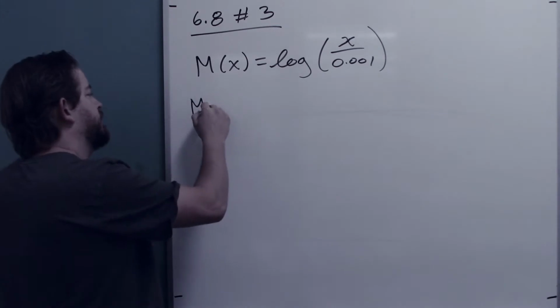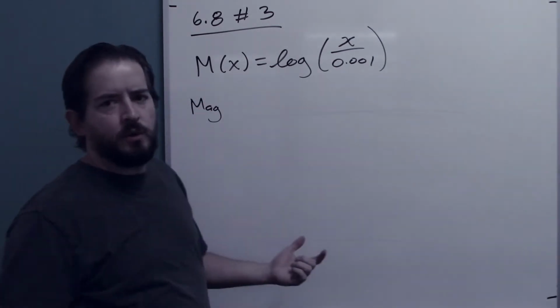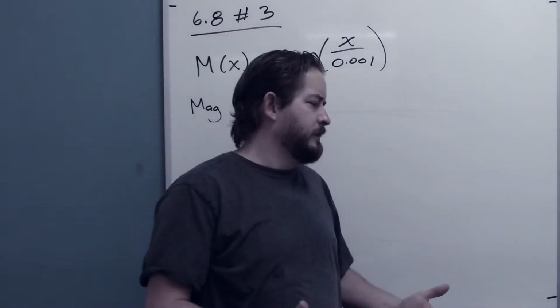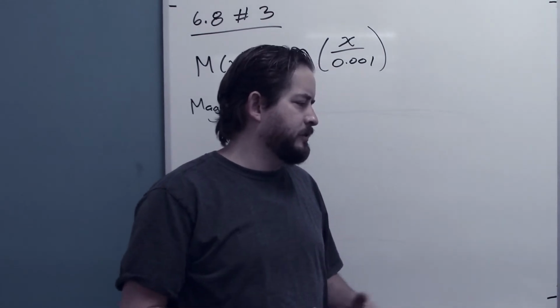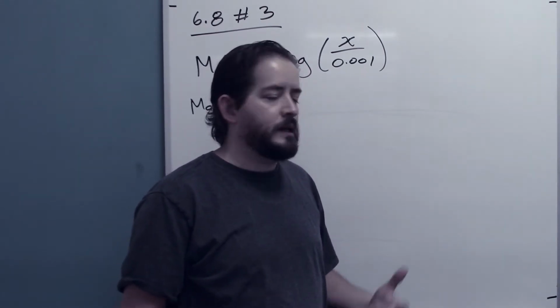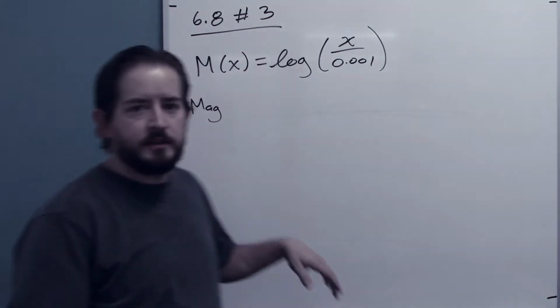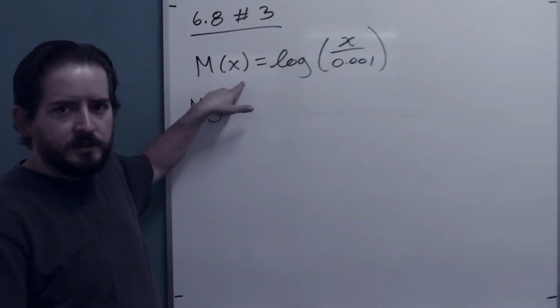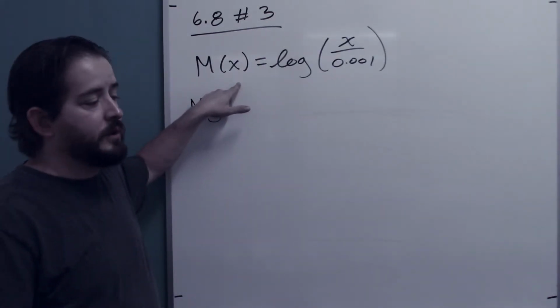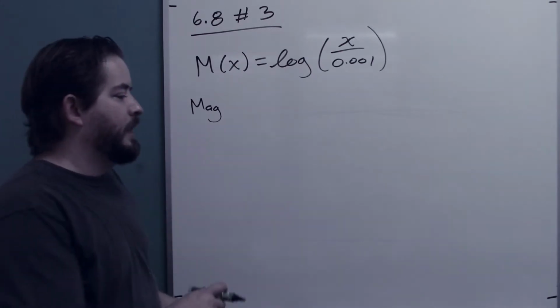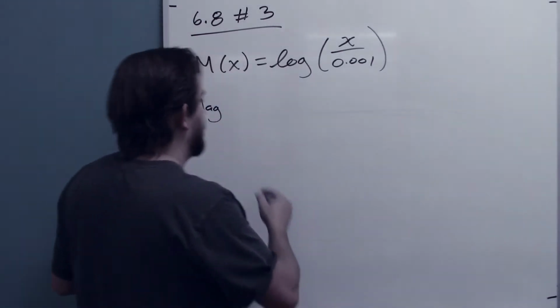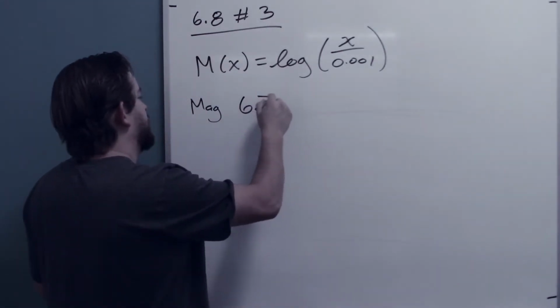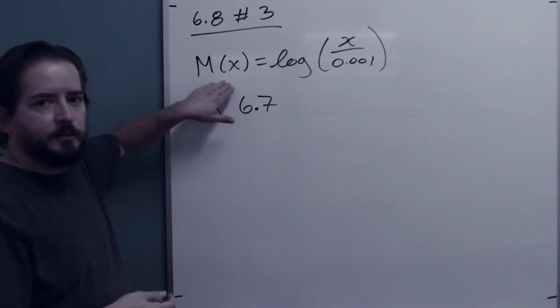So what I know, and a lot of that wording is just to qualify the use of this equation. The fact that the seismometer is 100 kilometers from the epicenter of an earthquake, none of that really matters other than to say this equation is now valid, because that's what this equation requires. But we have a magnitude 6.7. That's the M of x.